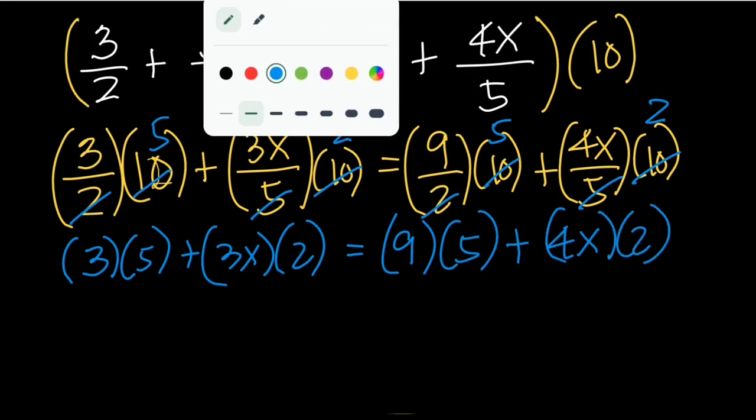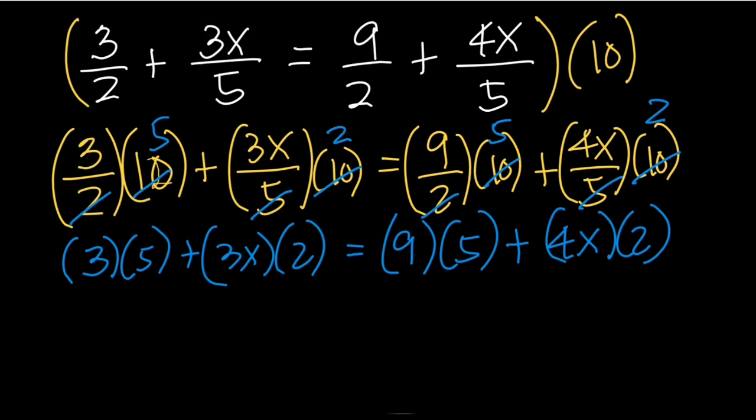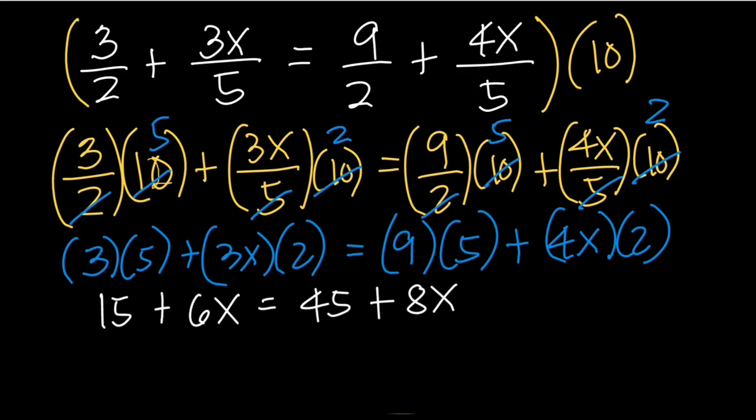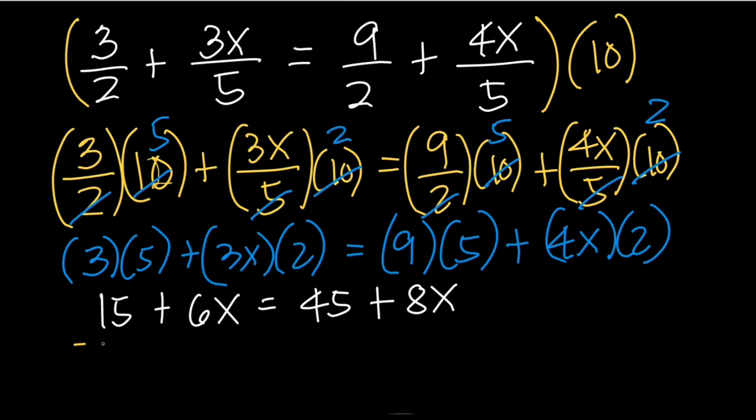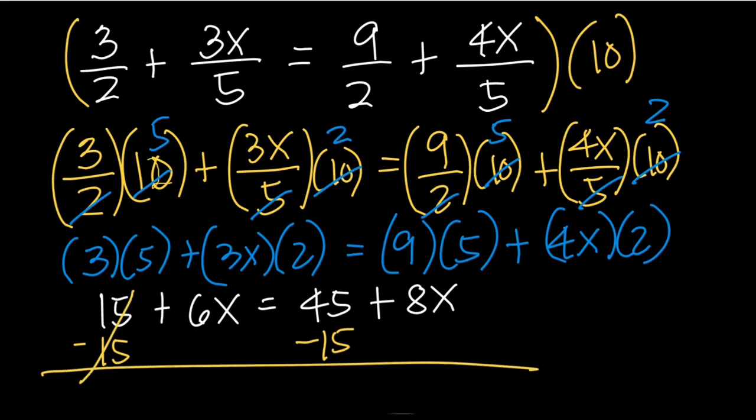Can you see that? So this is 15 plus 6x equals 45 plus 8x. Then we can group like terms. We can subtract 15 first from both sides. So we're left with 6x equals 45 minus 15, 30 plus 8x.